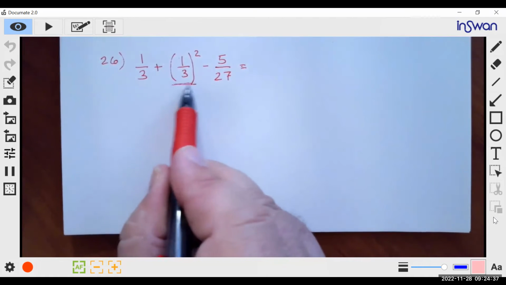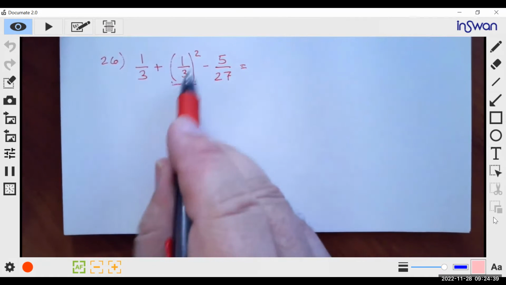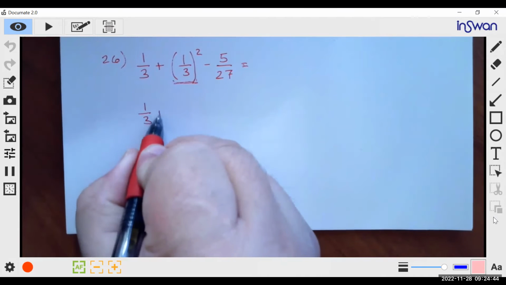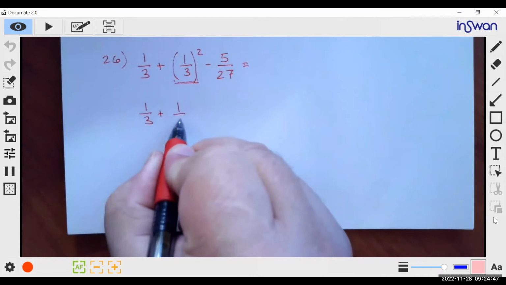You have to do this one first. 1/3 squared becomes 1/9.